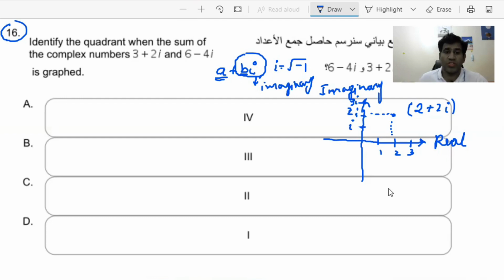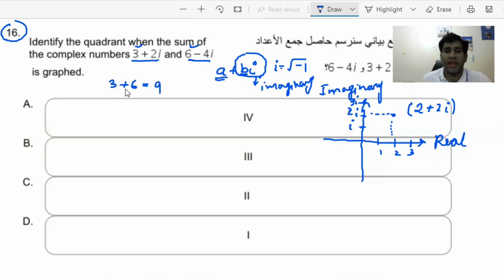Now the question is, when you perform the sum of these two complex numbers, in which quadrant does the sum lie? While adding complex numbers, simply add the like terms. Add 3 and 6: 3 plus 6 is 9.